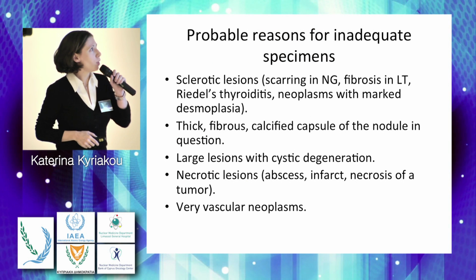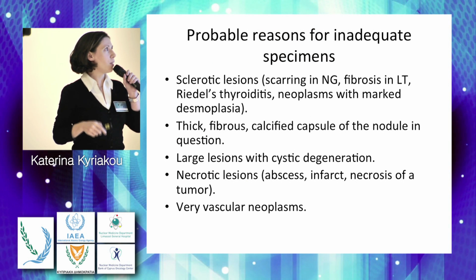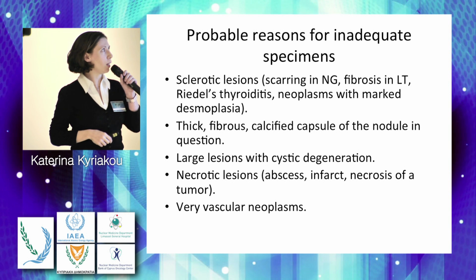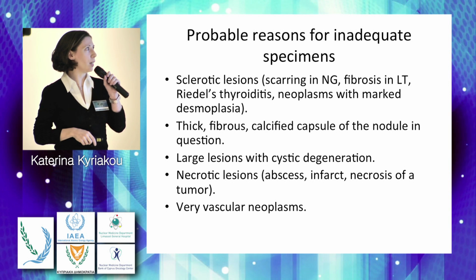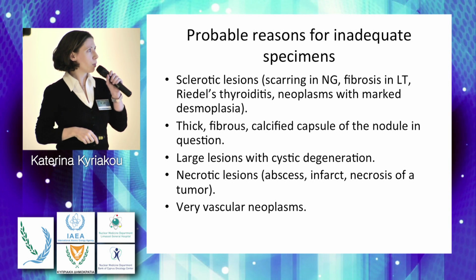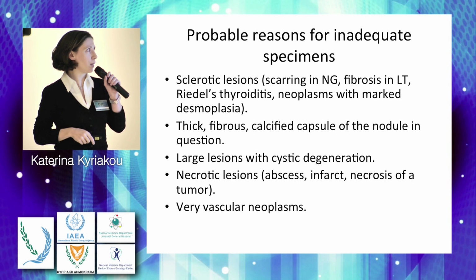A few probable reasons for inadequate specimens depend on the nature of the thyroid nodules. These are the sclerotic lesions, for example, scarring in nodular goiter, Riedel thyroiditis, fibrosis in lymphocytic thyroiditis, and neoplasms with marked desmoplasia.